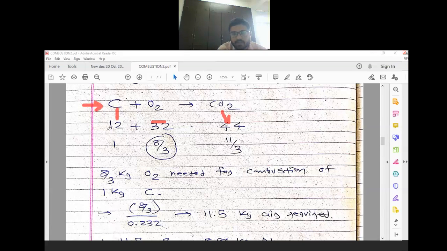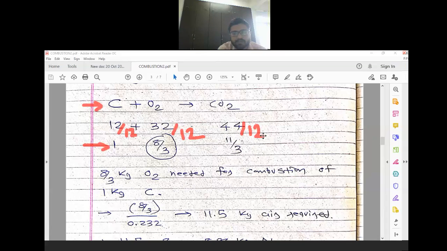Clear? But if we want to find out for 1 kg, what do we have to do? We have to divide all the values by 12. Here we divide by 12, here also 12, and here also 12.